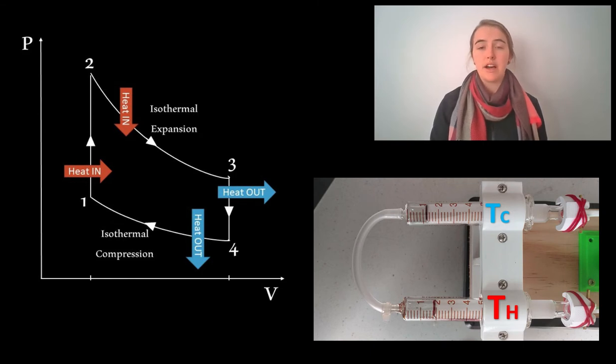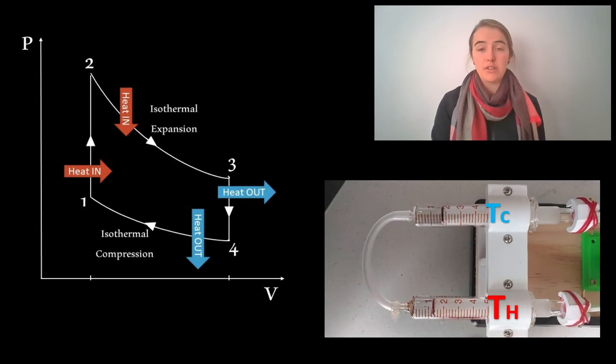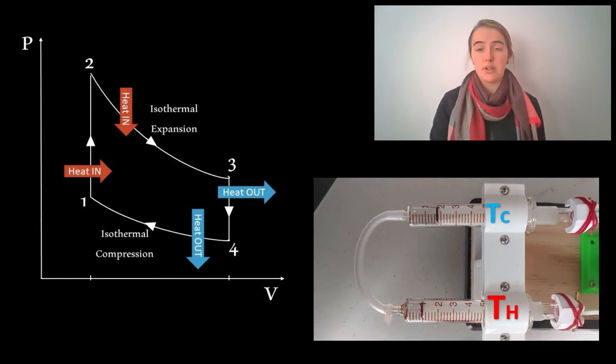The next step is a mechanical and not a thermodynamic step. The momentum in the flywheel from the expansion rotates the piston a further 90 degrees, shifting the working fluid from majority in the hot reservoir to majority in the cold reservoir. This mechanical step is essential for cooling to take place and for the cycle to continue. We can now continue thermodynamically from point 3.